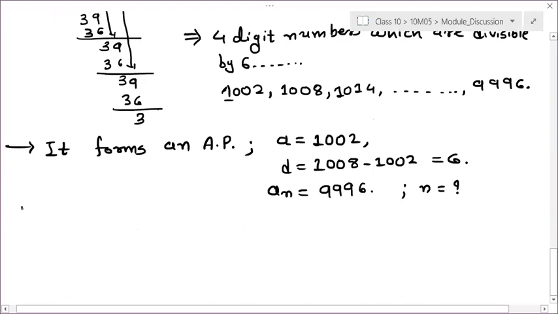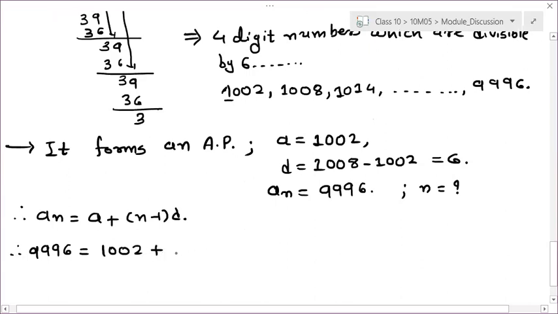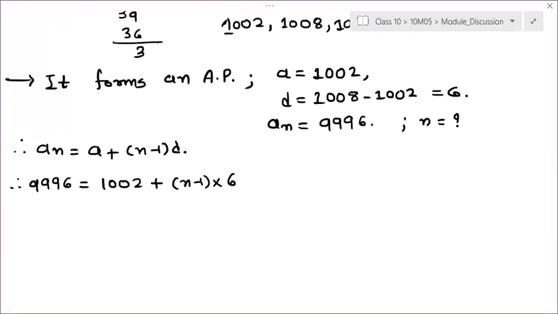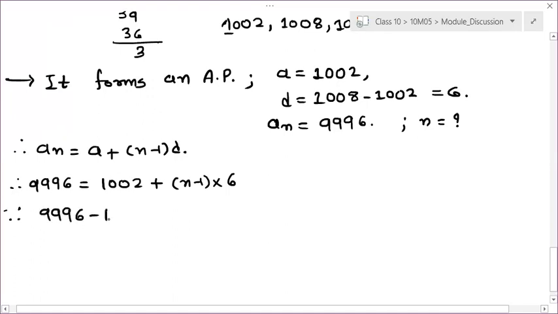Okay, so let us apply all these things in our formula. An is equal to a plus n minus 1 into d. An is 9996, a is 1002 plus n minus 1, which we need to find, and d is 6. So 9996 minus 1002 is equal to 6 into n minus 1.